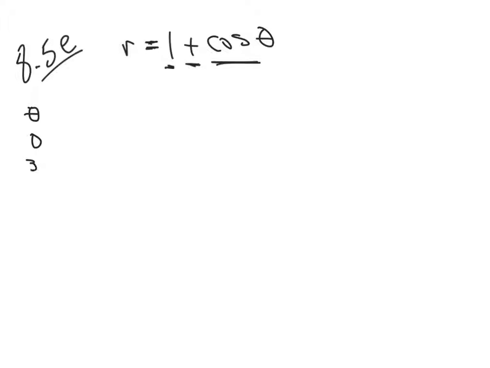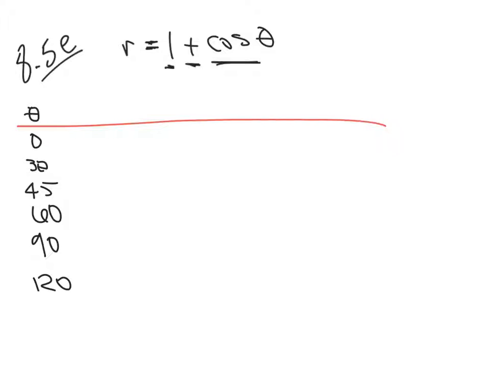0, 30, 45, just the ones that you're most familiar with, 90, 120, and we'll just stop there. Alright, so the cosine, let's draw a line here.